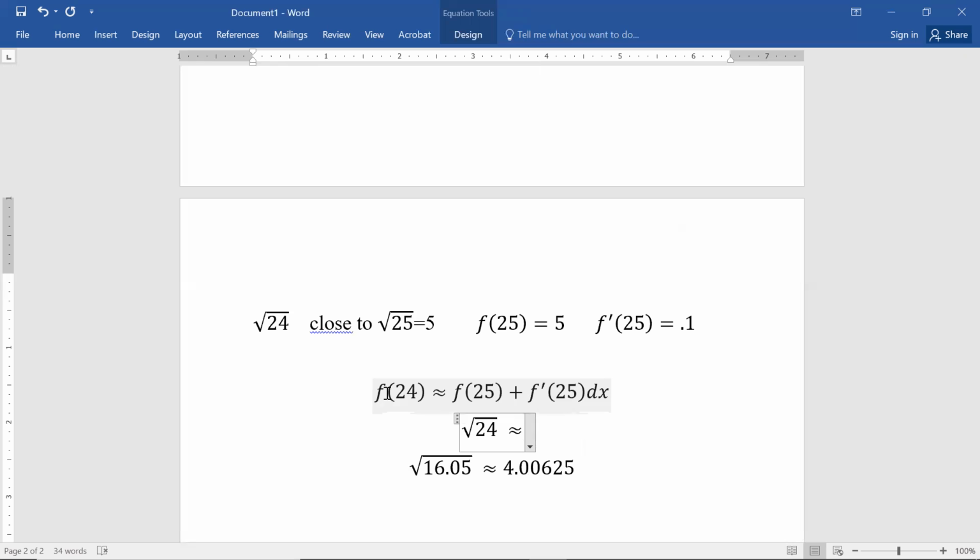So f of 25 is 5, the derivative at 25 is 0.1, and the change in x is negative 1.